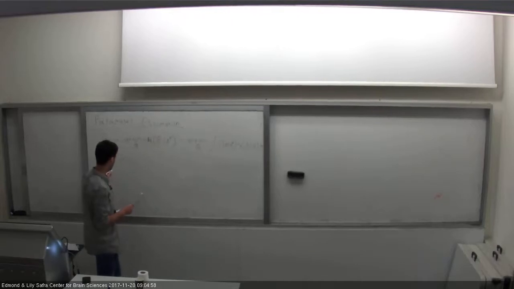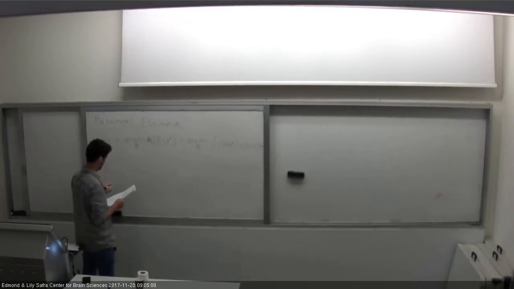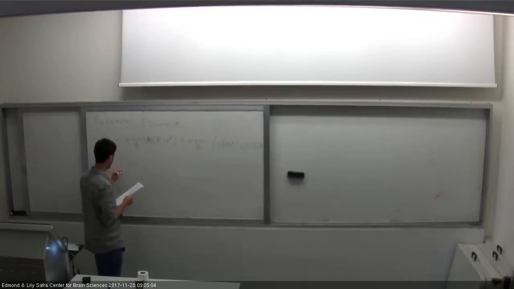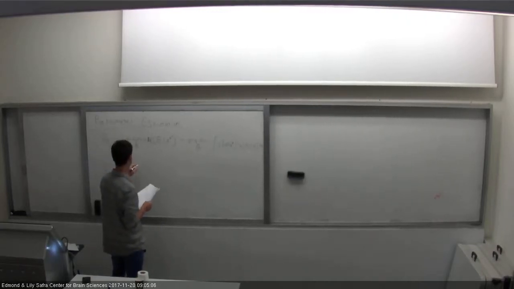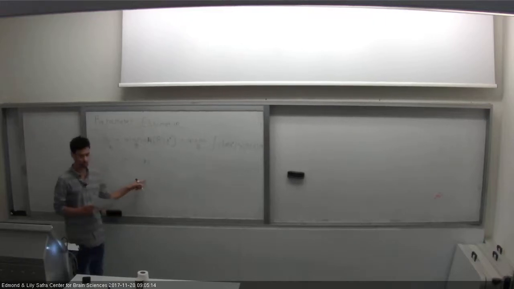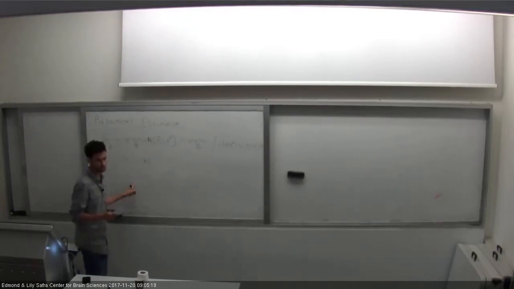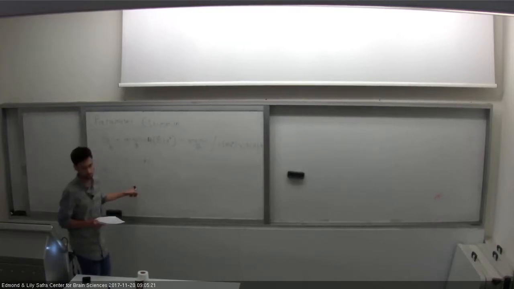So our cost function will be lambda ij equal to 1 if i is not equal to j, and 0 in the case that they are equal. Okay? So, in this case, what is our estimator?